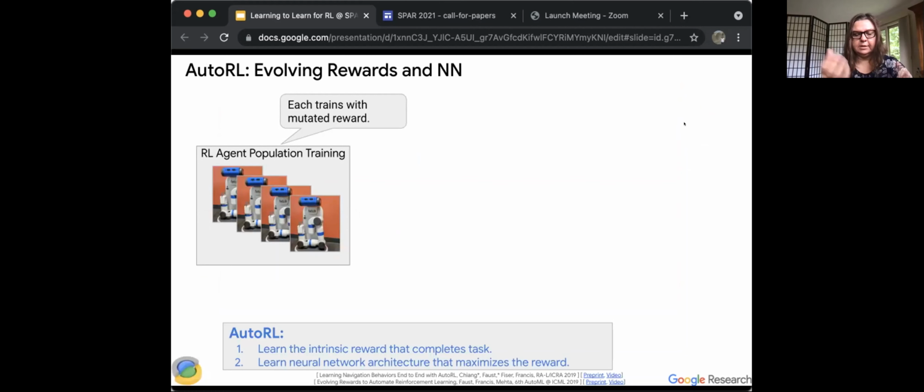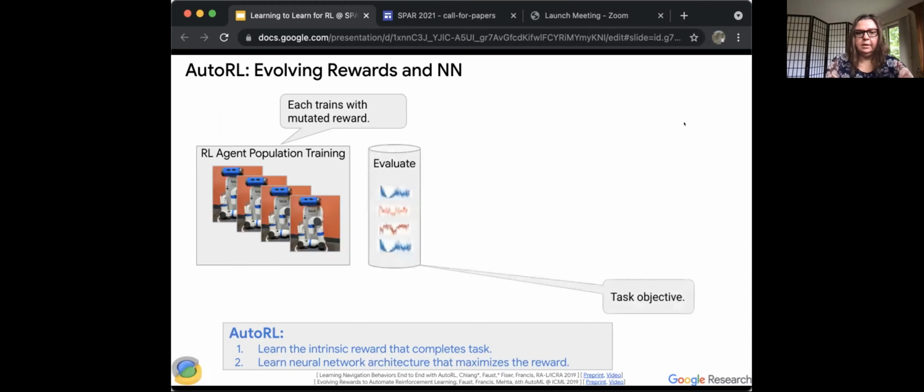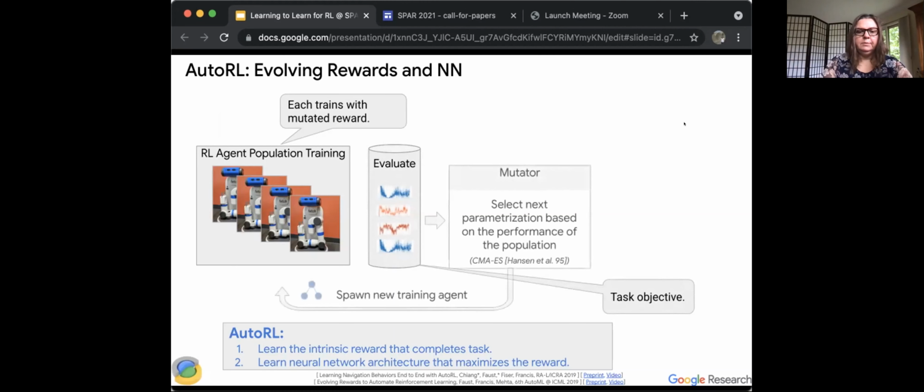Basically, we have this parameterized reward. We initiate a population of agents, each one of them having a different parameterization of the reward. Then we train them with RL, and we evaluate how well they perform on the task, basically the expected success rate for reaching the goal.